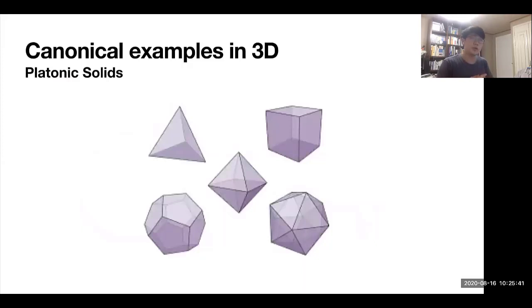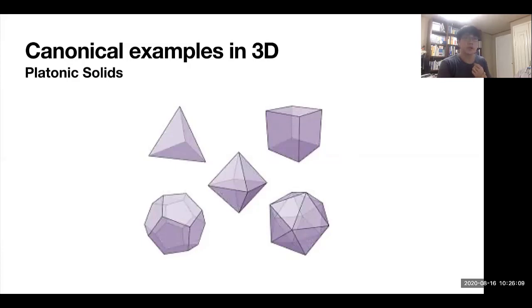So as I've said before, the fact that you have these 5 different regular polyhedra is really about identifying what kind of different rotational symmetries you can have. And it's actually not a too difficult exercise to find out that these are the only 5 possible cases.